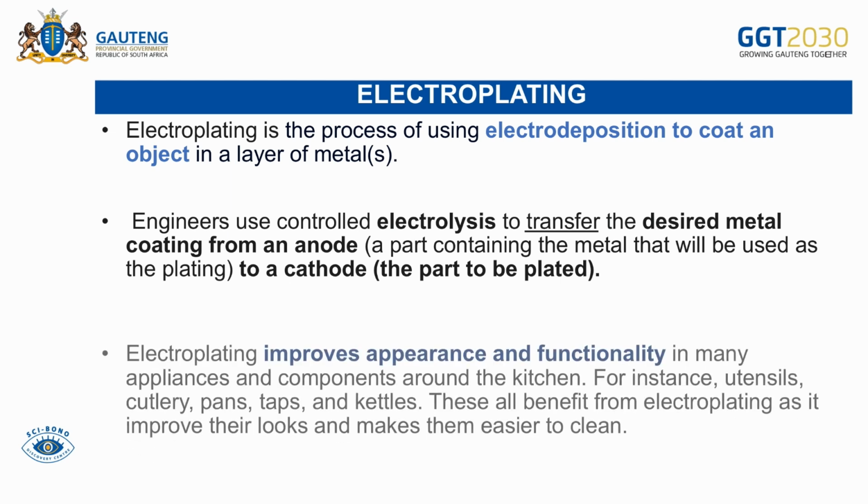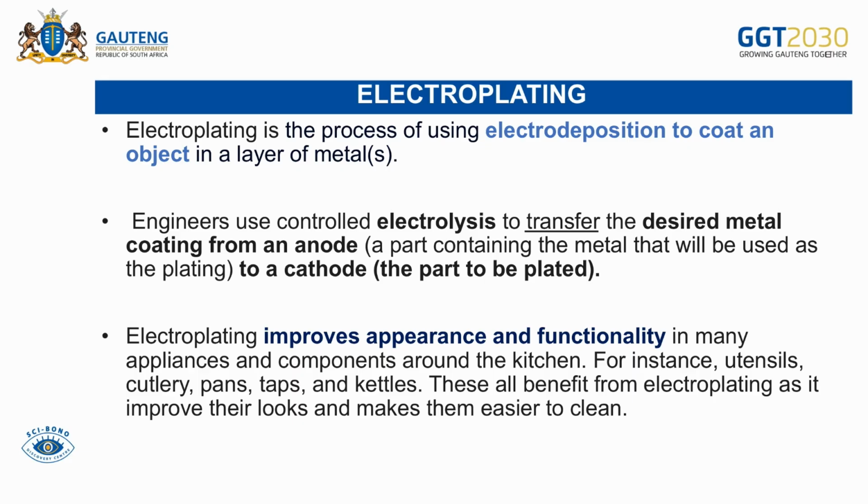So electroplating improves the appearance and the functionality of many appliances and components around the kitchen. For instance, we can talk in terms of utensils, cutlery, pans, taps, kettles, and so on. All these benefit from electroplating as it improves their looks and makes them easier to clean.